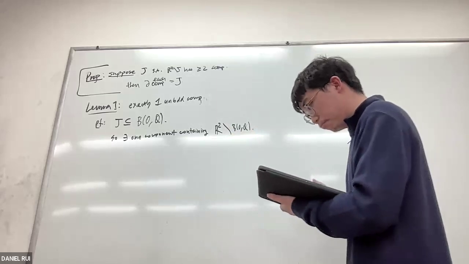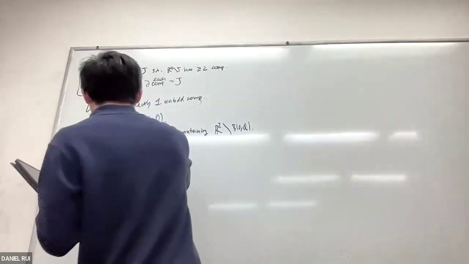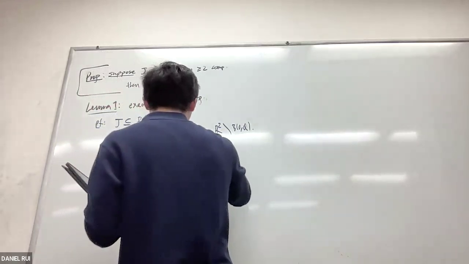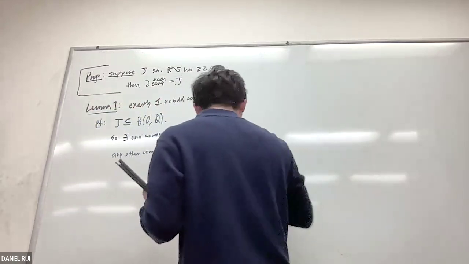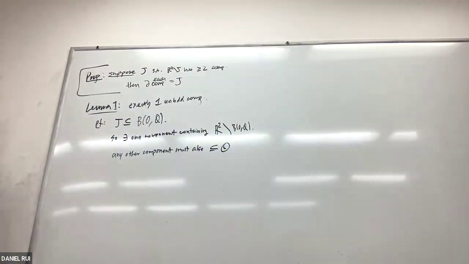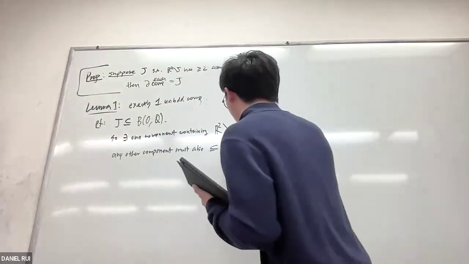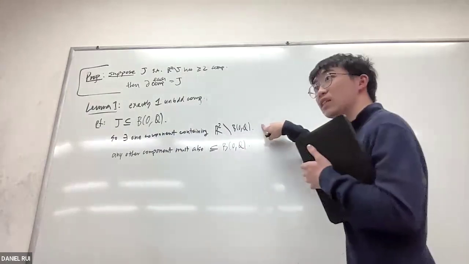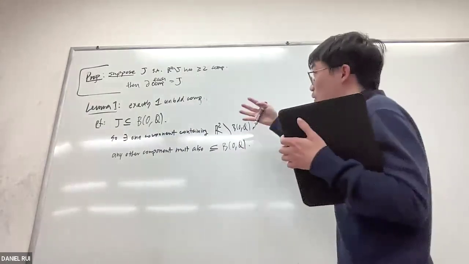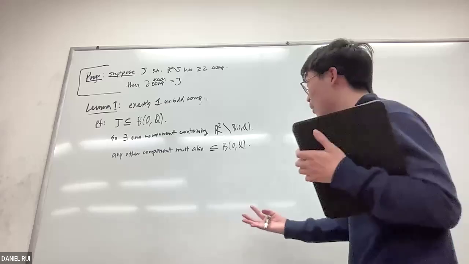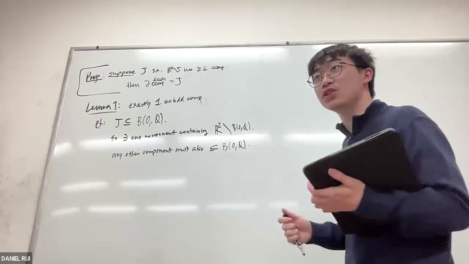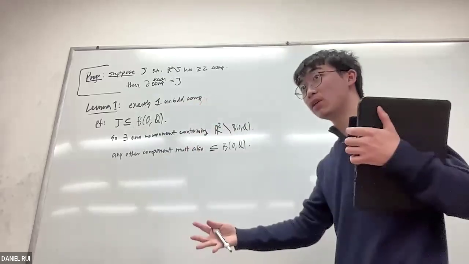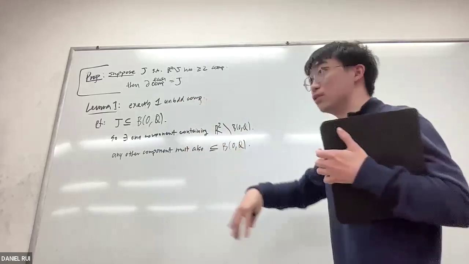And any other component must also be contained in B0Q, because if it's not, then it will touch this. But I told you that these components were disjoint path connected components, and so they cannot touch. So in fact, not only is there one unbounded component, all the bounded components live in a big circle.